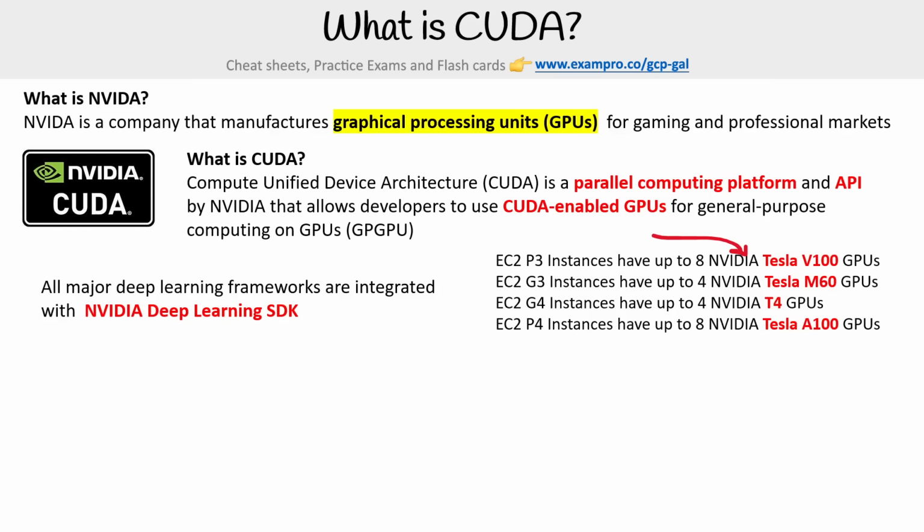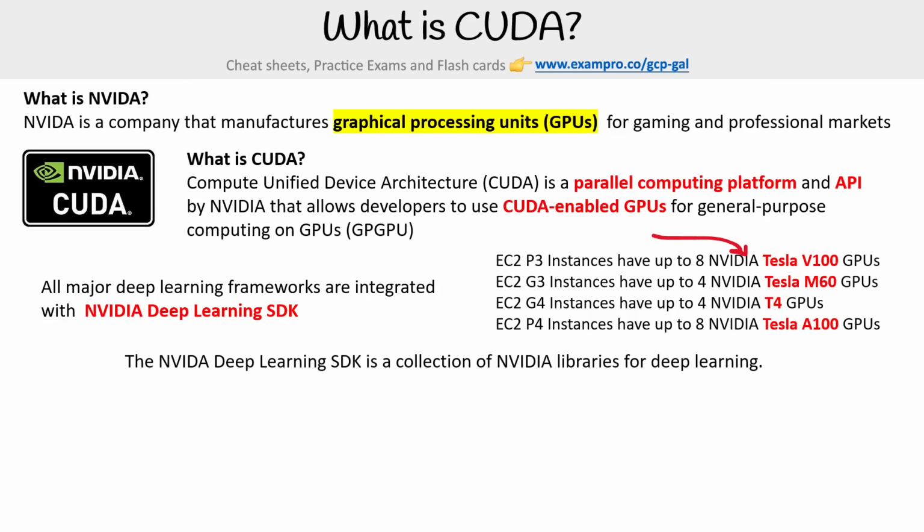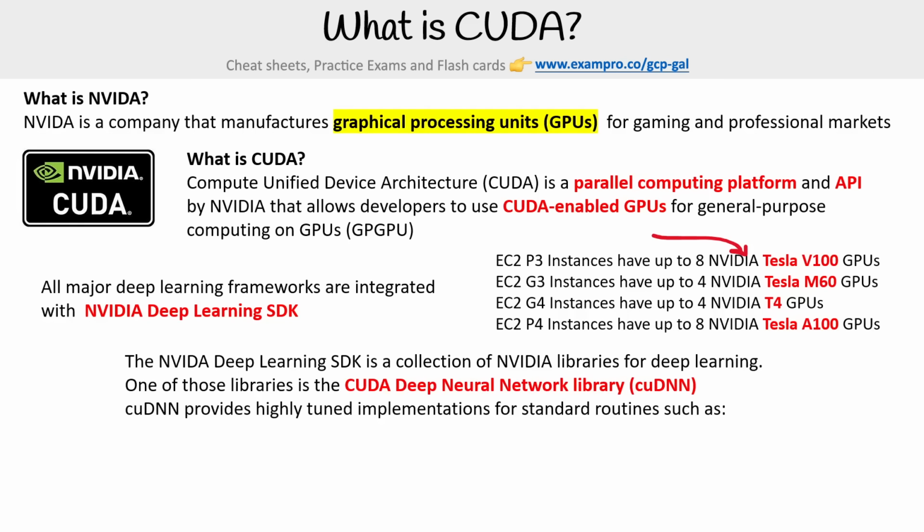But NVIDIA has done a very good job in making sure that theirs is the most popular. The NVIDIA Deep Learning SDK is a collection of NVIDIA libraries for deep learning. This is the SDK you can use with CUDA to interact with their API. One of those libraries is called the CUDA Deep Neural Network Library. That's something you can use with it, and it's tuned for a bunch of stuff.